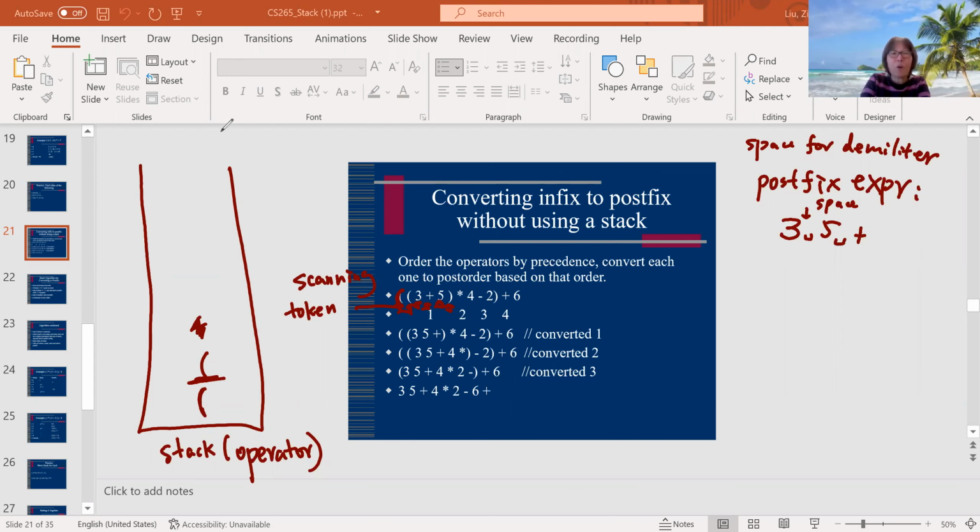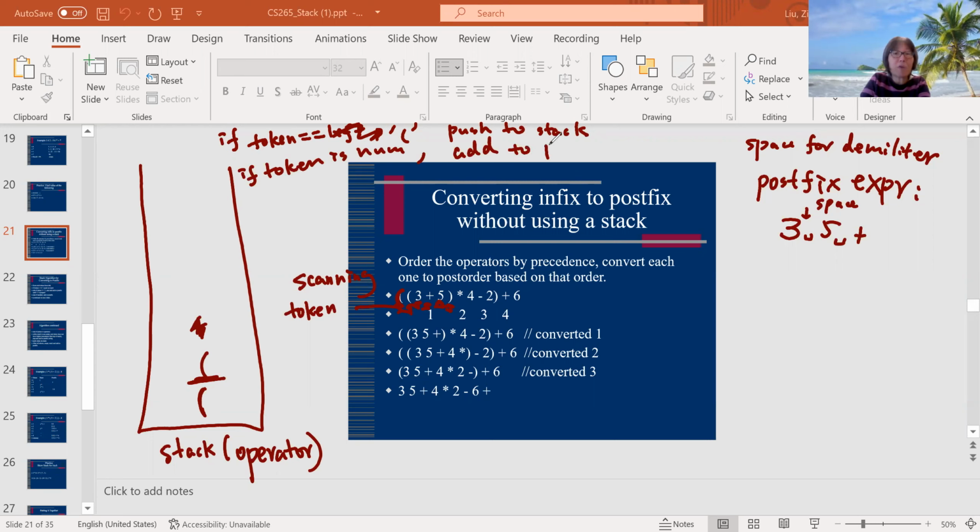Oh, I forgot to write. So let's start from the beginning. If the token is left parenthesis, then push to stack. And if the token is number, then we add to postfix.